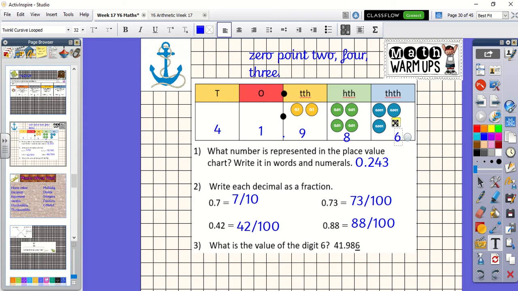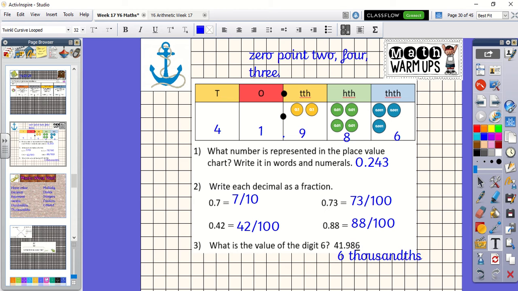So we're looking at this 6 here, and that is in our thousandths column. So the value is 6 thousandths. Okay, remembering that you've got that THS at the end to make it thousandths, not thousands.